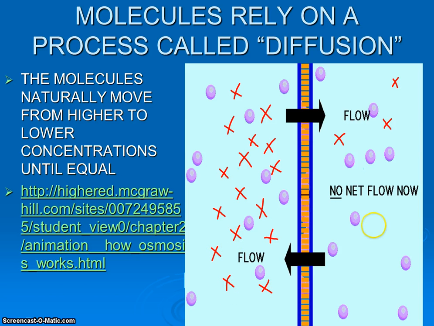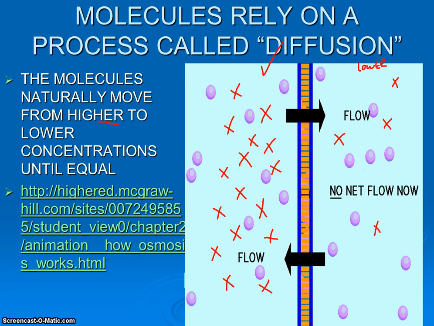Right now, where is there a higher concentration of these X molecules? We want to look at the higher portion. And we can see that clearly there's a higher concentration. There's more of them, remember, concentration per unit area. There's a larger number per this unit area on this side. There's a lower concentration of the X molecules on this side.